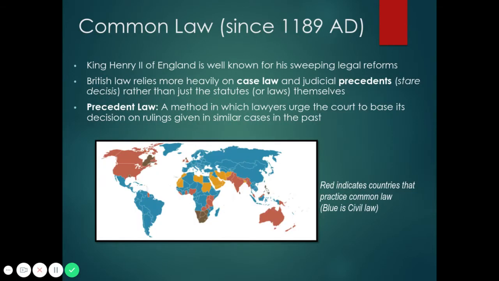But if we go back to the origins of Britain's legal traditions, it's interesting some of the things that carry forward. So we're talking about the reign of King Henry II of England at this point. He inherits a system that really has been kind of spread out and decentralized for a long time.